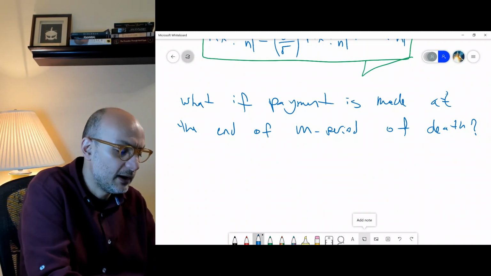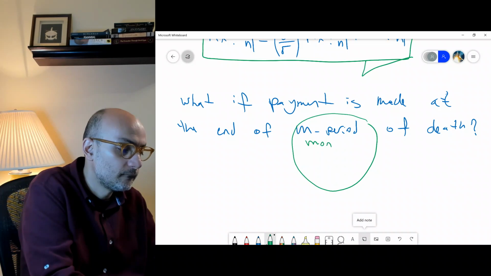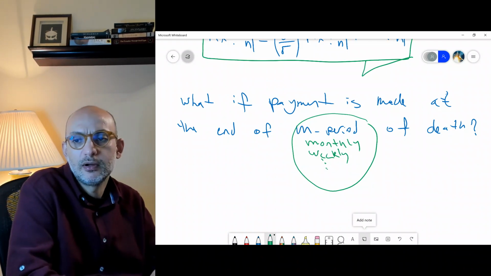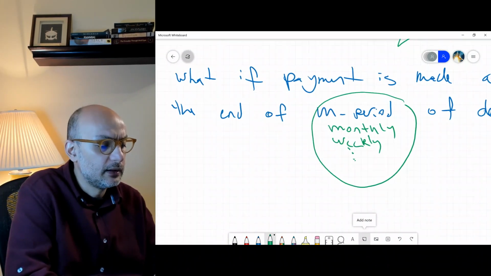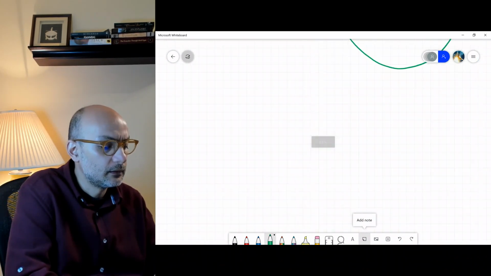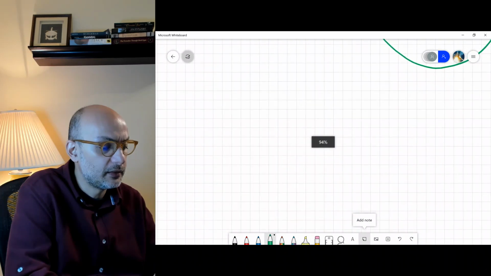So what we mean by m might be monthly, maybe weekly, quarterly, every 6 months. So a period other than 1 year. How can we deal with this one? Let's look at period other than 1 year.